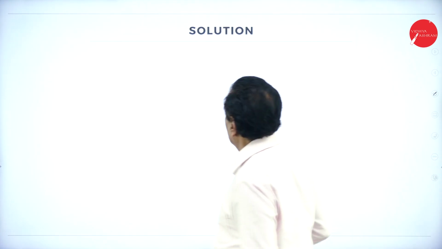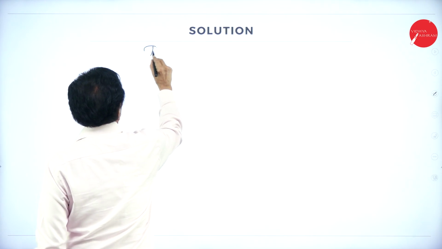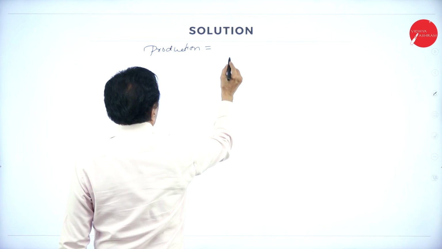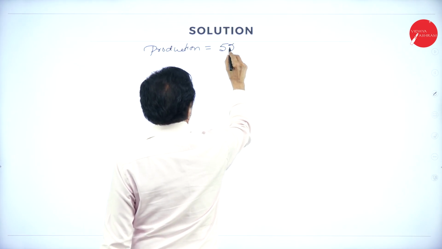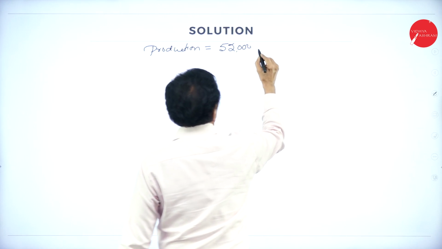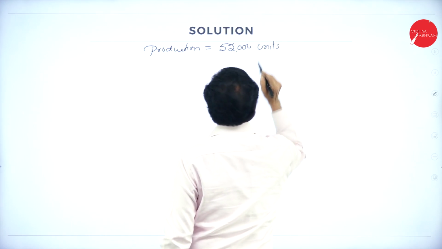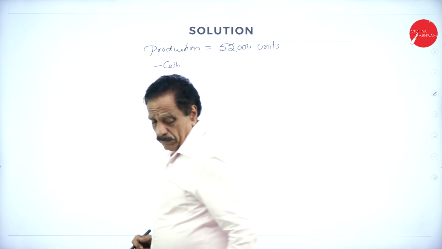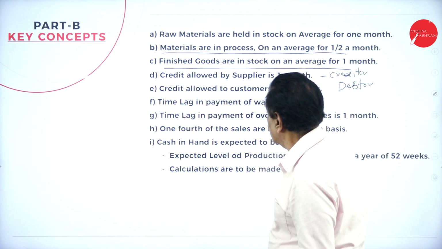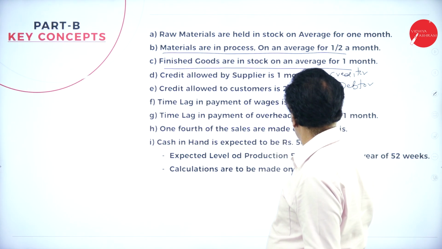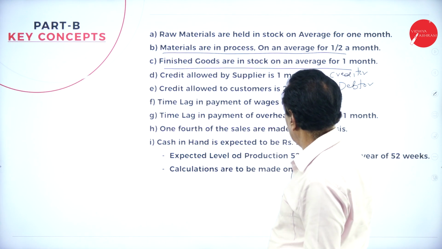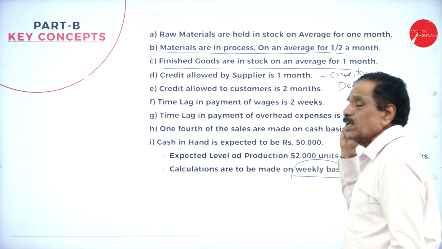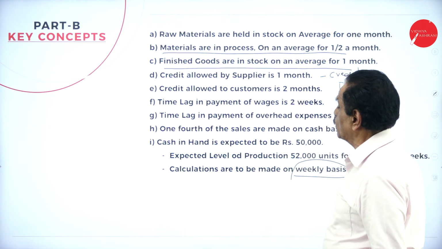So first we'll go to production, which is equal to 52,000 units. Minus cash sale. See that one-fourth of these sales are made on cash basis. So production is 52,000, and even the sales are 52,000.